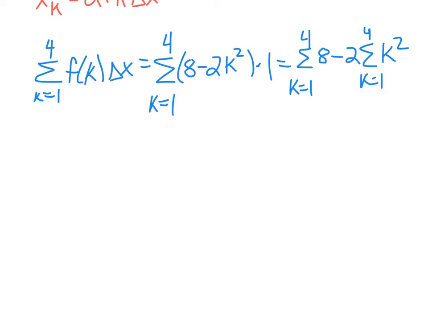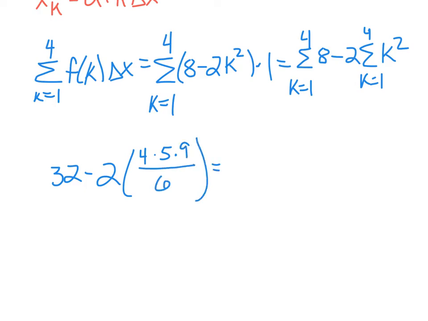So then it's going to be 32 for the 4 times 8 minus 2 times, now we're using the k squared one, so 4 times 5 times 9 over 6. 21, 180 over 3.